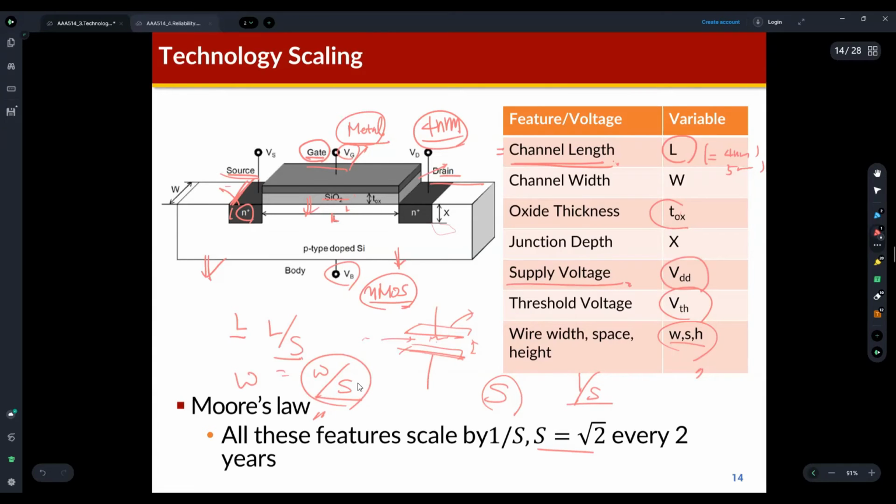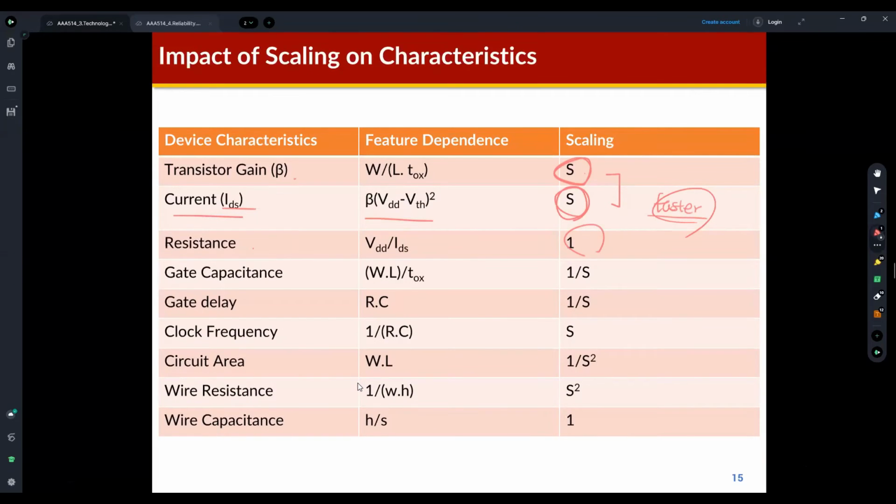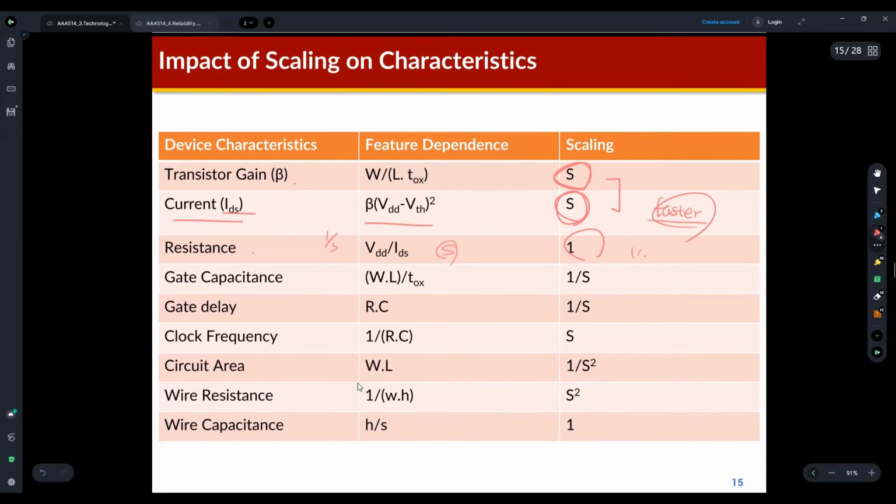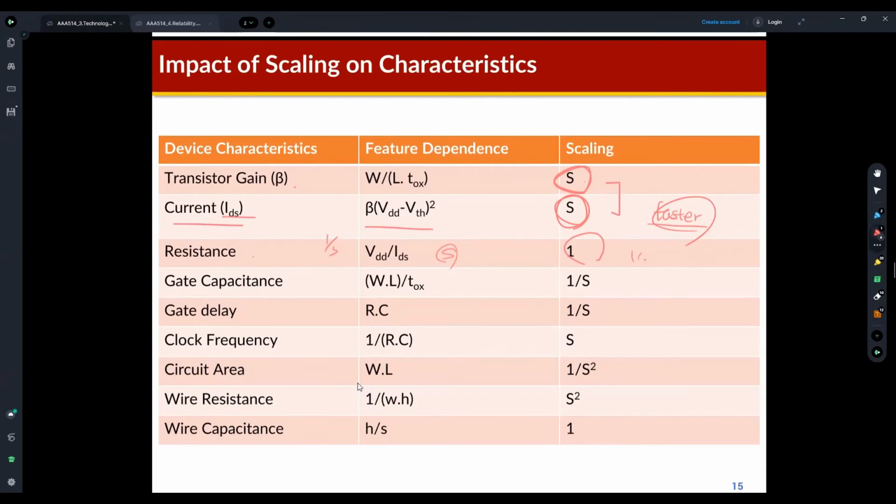With this scaling factor, we can also reduce the supply voltage by 1 over S. And then VDD is reduced by 1 over S, and then IDS is S. So S times 1 over S squared. No, I don't think so. I don't know why.